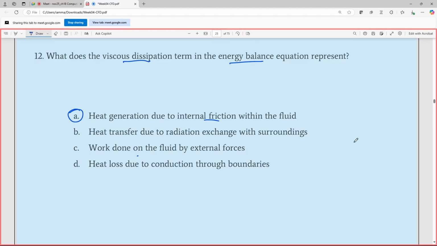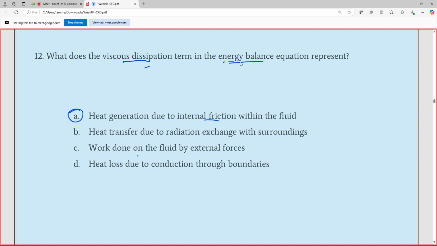Normally viscous dissipation in general fluid flow gives the loss of momentum or velocity reduction, the energy dissipated due to internal friction of fluid layers.